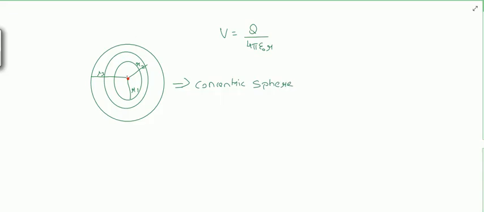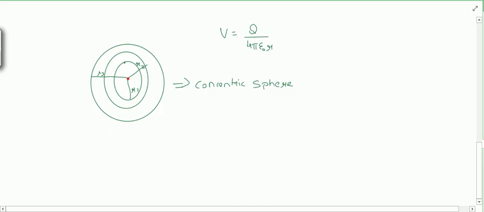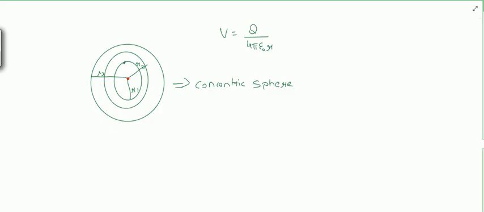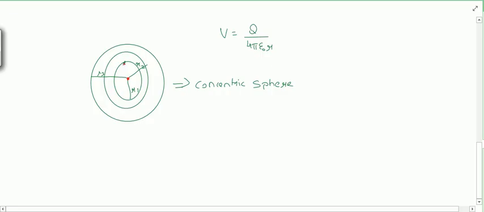And if you find the electric field on this equipotential surface, it will be in this direction. So what is the angle between the equipotential surface and the direction of the electric field? It is 90 degrees. Here also, on any of these surfaces, at every point the direction of the electric field will be at 90 degrees.